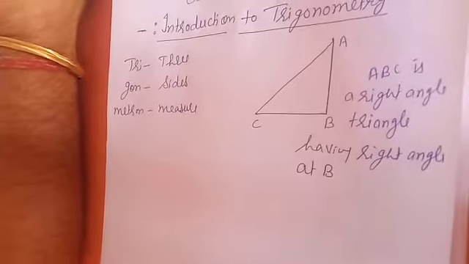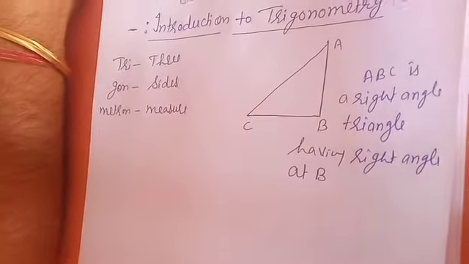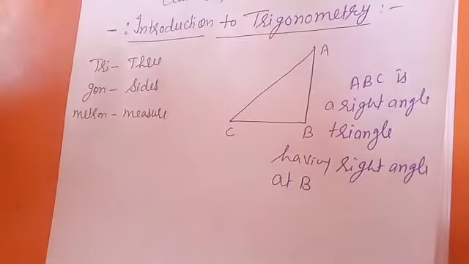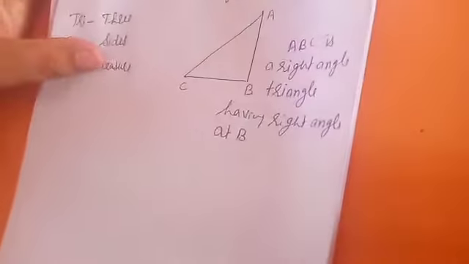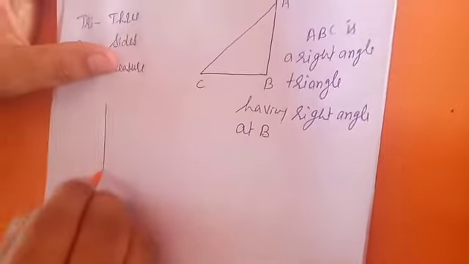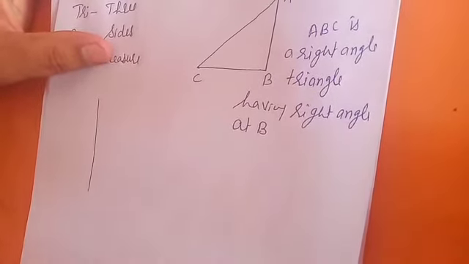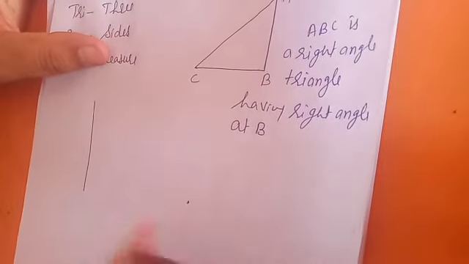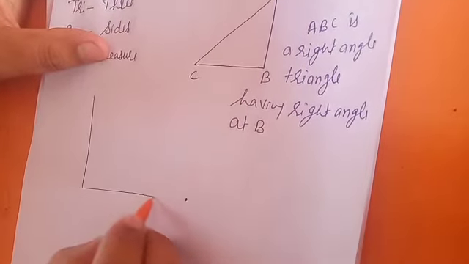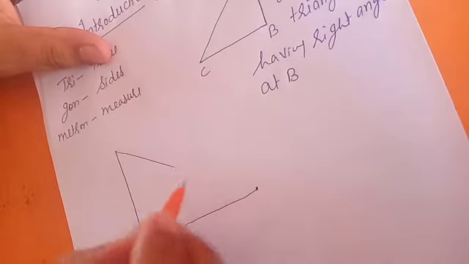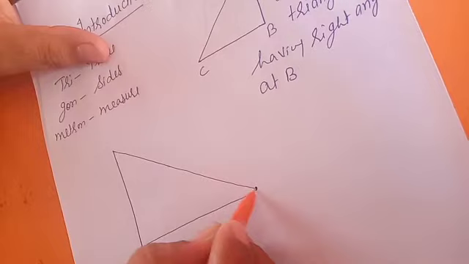In your book it is also given: suppose the students of a school are visiting Qutub Minar, situated in Delhi, and the shape is like this. Someone is standing here and looking at the top of the Qutub Minar.